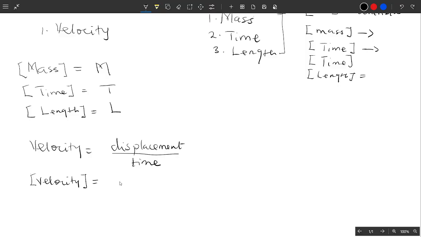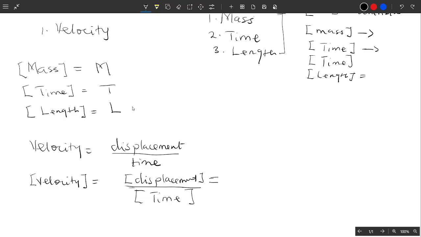This is going to be equal to the dimension of displacement divided by the dimension of time. Yes. Now, what is this displacement that we are talking about? Basically, this displacement here is talking about length, distance.